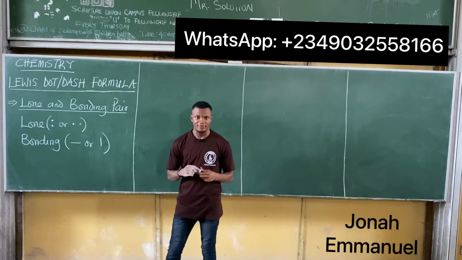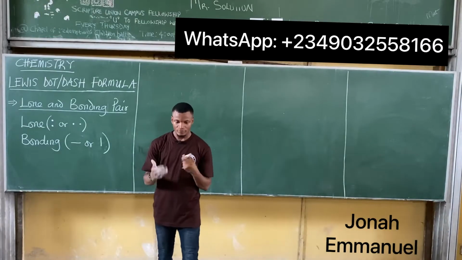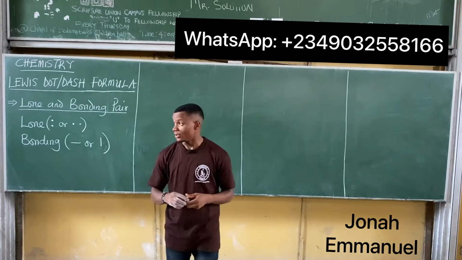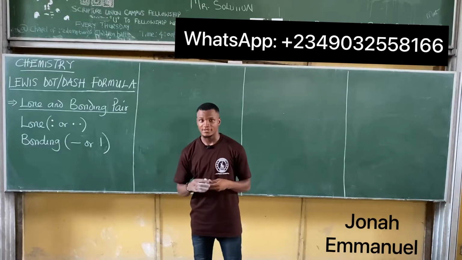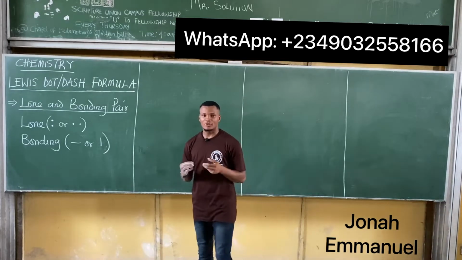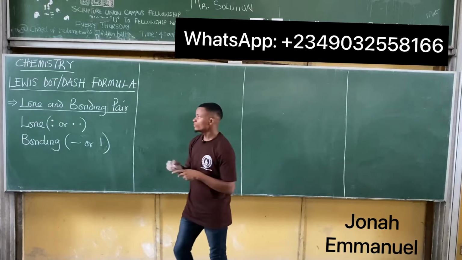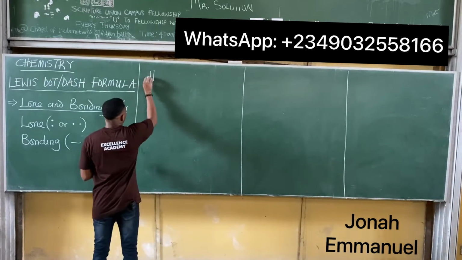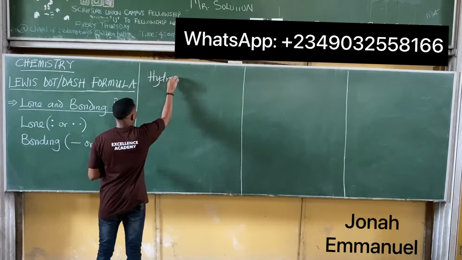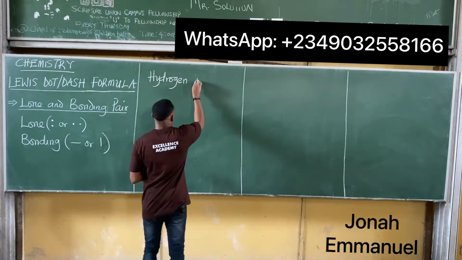We'll take a few examples and see how we can write Lewis structure or Lewis formula for different compounds. Let's start with a simple compound, the hydrogen molecule.